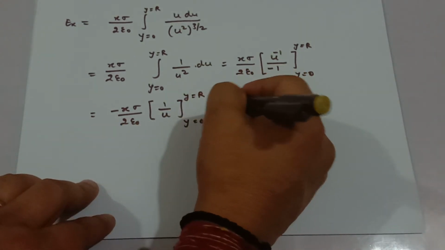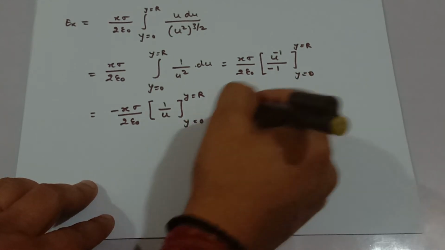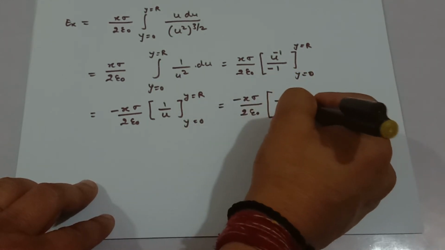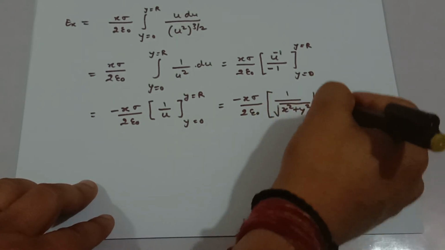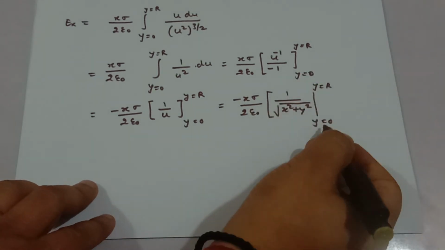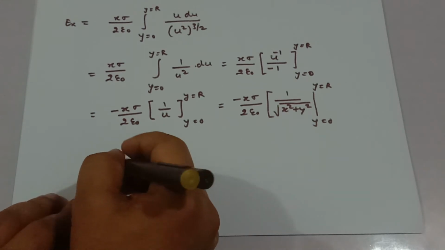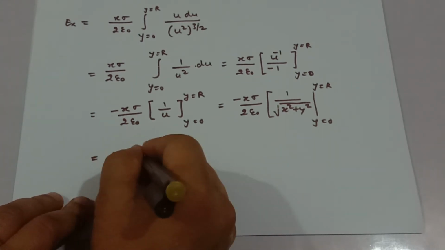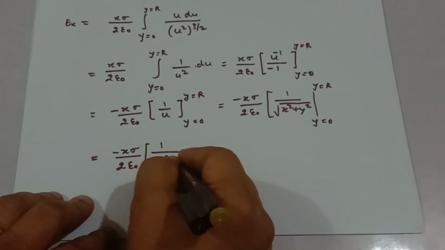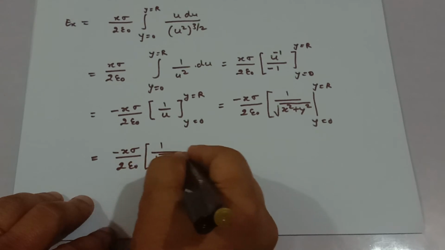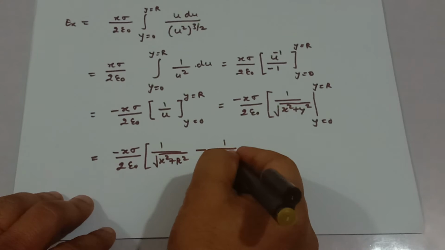And that would become minus x sigma 2 epsilon naught in division, and that would be 1 upon square root of x square plus y square, and here the limit for y is 0 to capital R. So you can put this value of y for R and 0, so that would become minus x sigma 2 epsilon naught, and that would be 1 upon square root of x square plus capital R square, minus, and when you put y equal to 0 here, only x would come out.